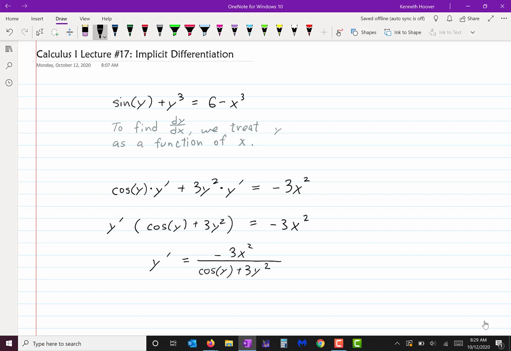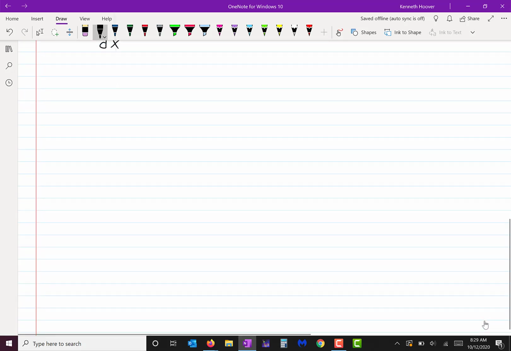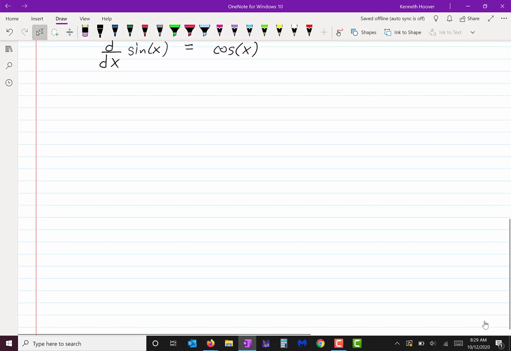Okay, so here's one that says y cubed plus x squared y to the fourth equals 1 plus 2x. And it says find y prime. Okay? So let's do that.